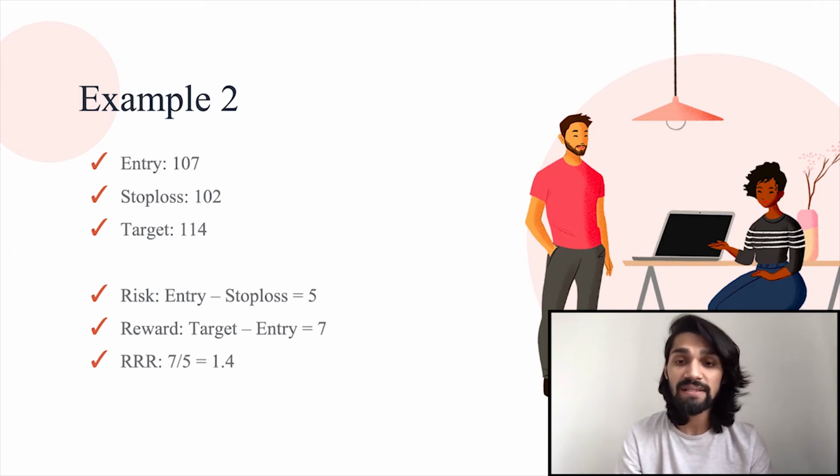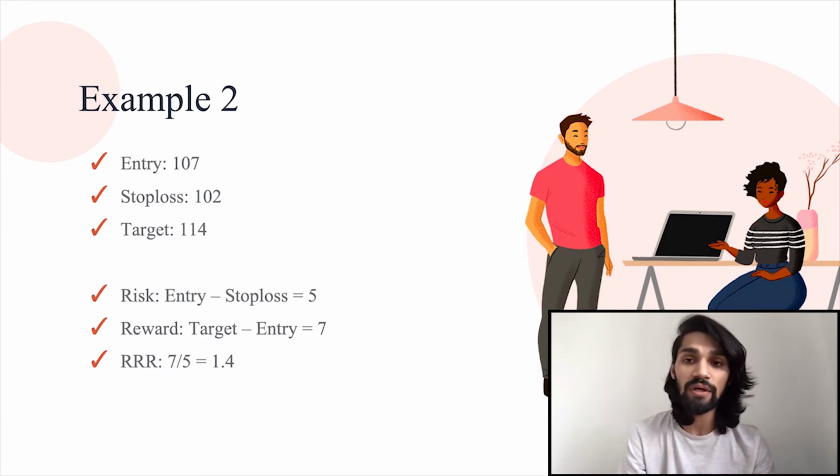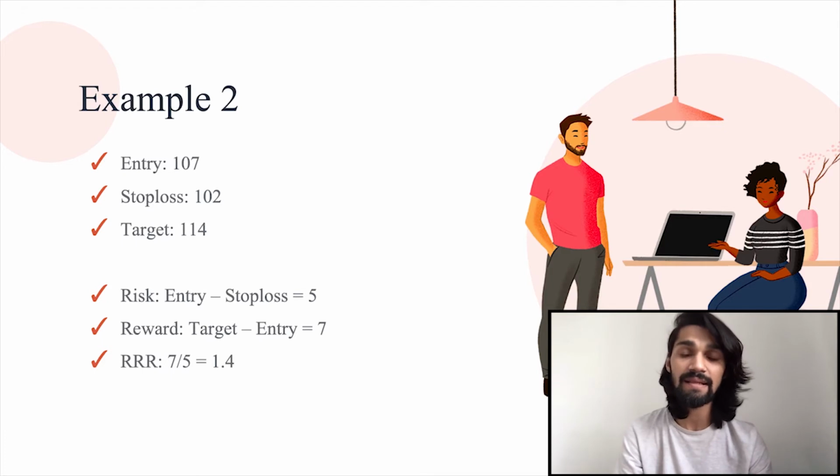So that means if you take this trade and if the trade goes in your direction, then you will have a good reward. If it does not go in your direction, then you will have a loss of 5 rupees, which is still lesser than the reward. So any trade that has a reward to risk ratio more than 1 is supposed to be a good trade. Professional traders usually keep that above 1.5.